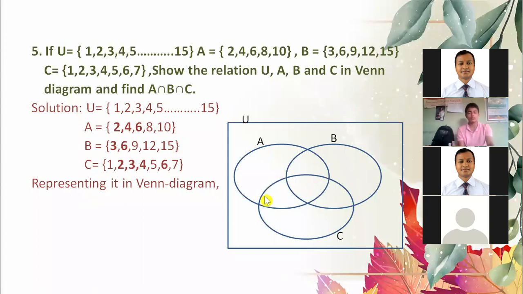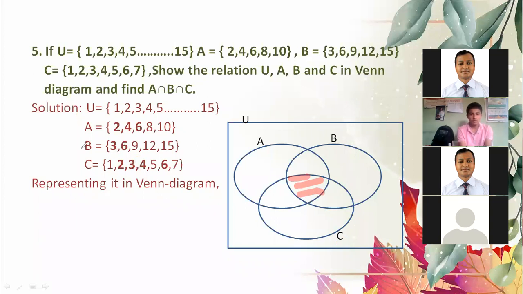Now, while filling this Venn diagram, at first we have to think about the common region of all. This is the common region of all. So check the common element from all three sets.